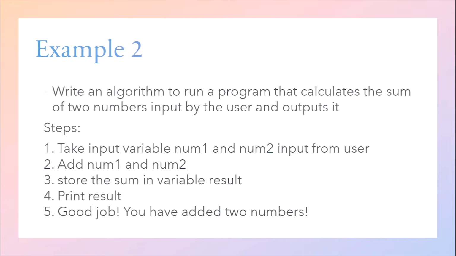After that, we add the 2 numbers and store the sum in a variable that we call result. We can call it anything else, but for convenience, I'm going to call it result in this video. After that, we print the result back to the screen. And in this way, we can add 2 numbers, which are input by the user and outputted back to the screen.